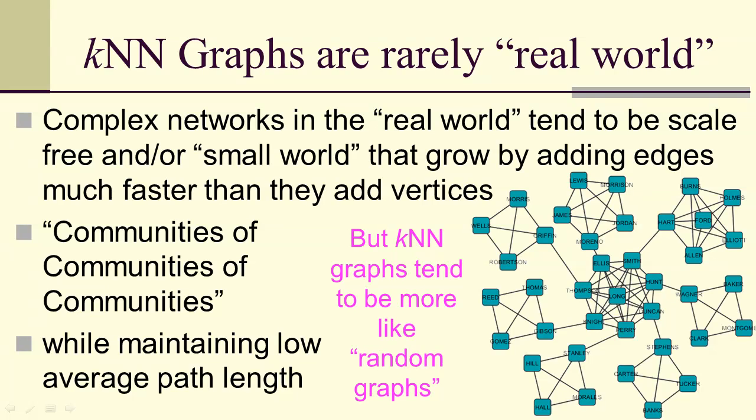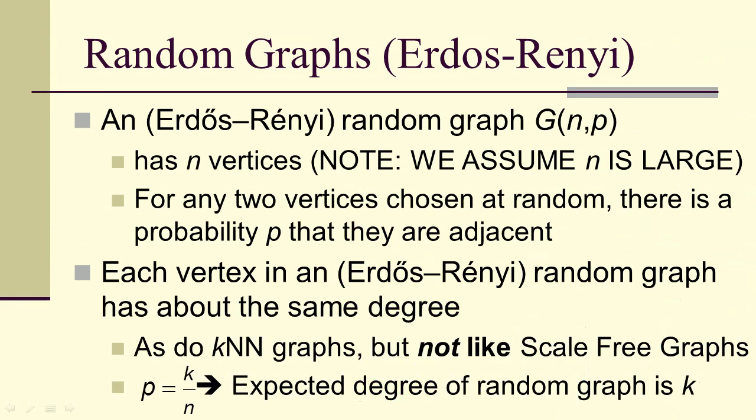But k-nearest neighbor graphs tend to be more like random graphs. So what is a random graph? Well, an Erdos-Renyi random graph has n vertices, and we're assuming n here is very large. And for any 2 vertices chosen at random, there's a probability p that they are adjacent.